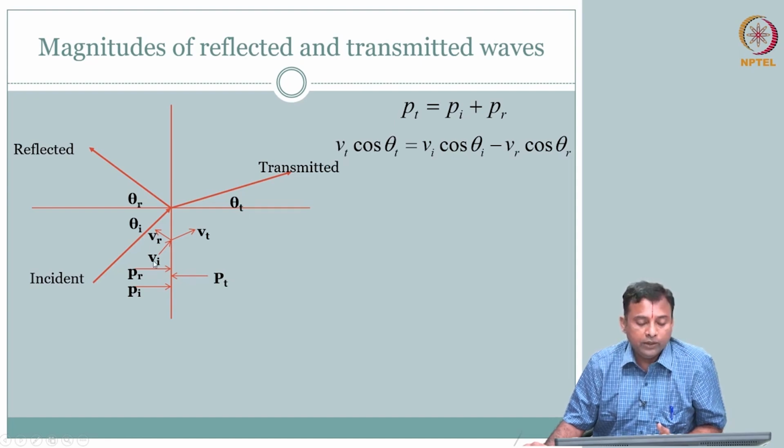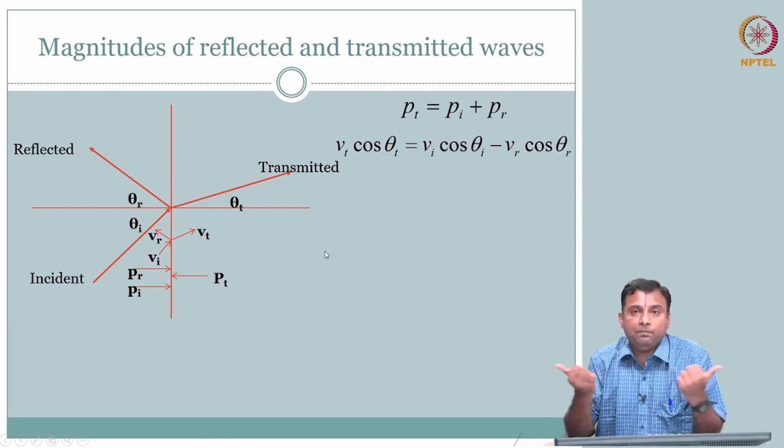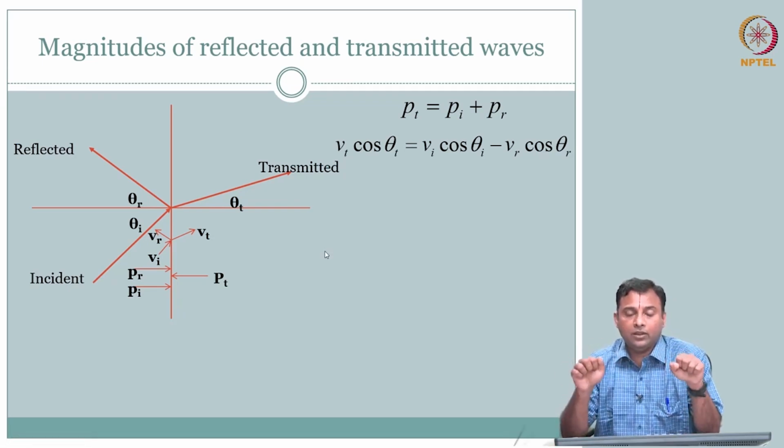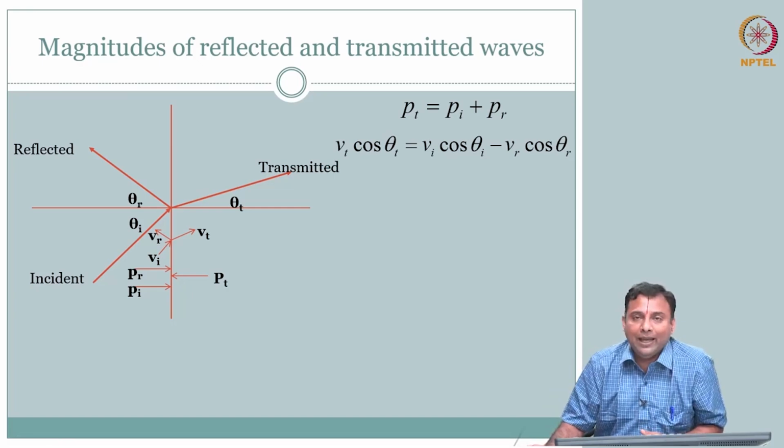Here one velocity is going in this direction, and the reflected velocity is going in the other direction, so you get the negative because of the directionality. So Vi cos theta I minus Vr cos theta r should match Vt cos theta t. So that has to be balanced. Then the pressures on either side also have to be balanced.